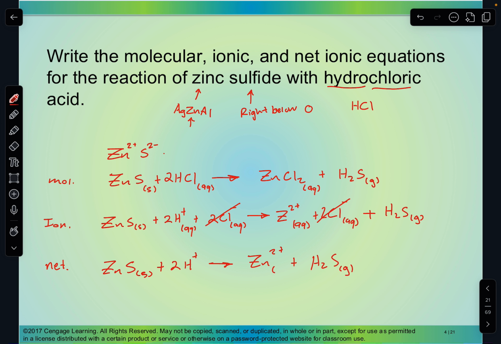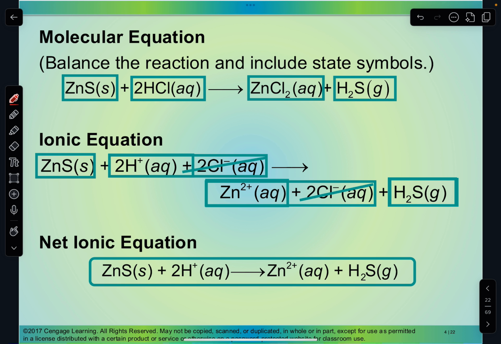And this is our aqueous. And this is also aqueous. Okay. And so we can see that exact same thing here. ZnS plus 2HCl goes to ZnCl2 plus H2S. We're going to write the ionic equation, splitting everything that can be split into ions. We'll cross out the things on both sides, and we're left with the net ionic equation.